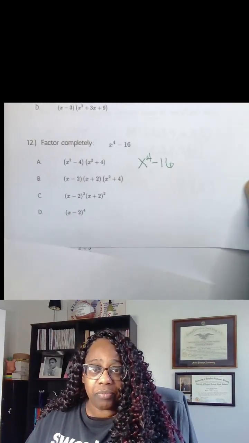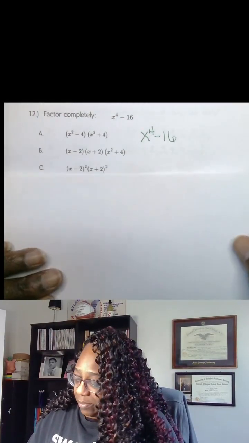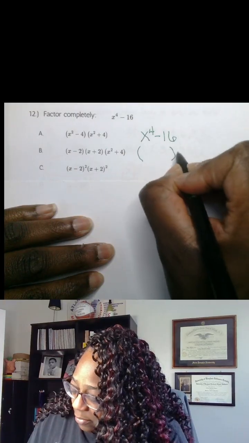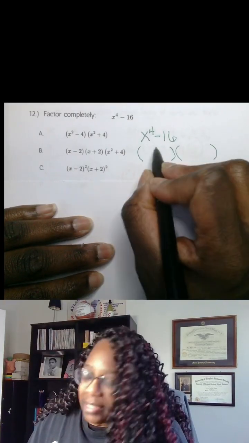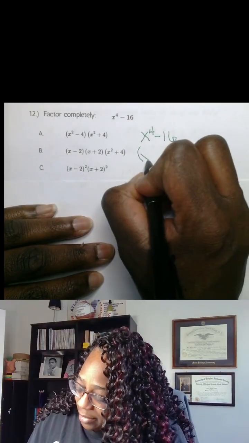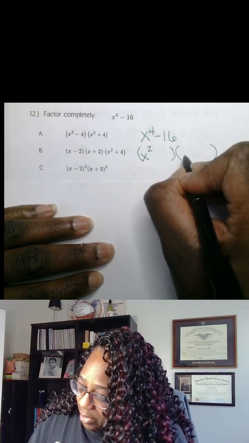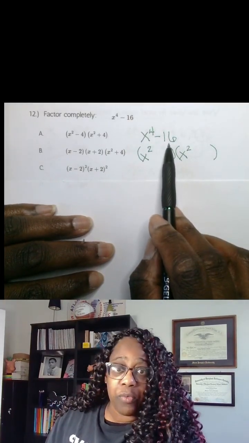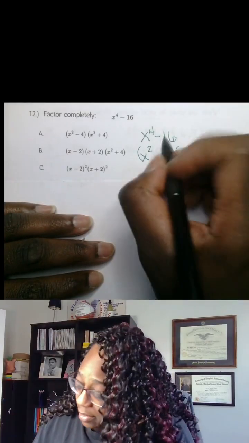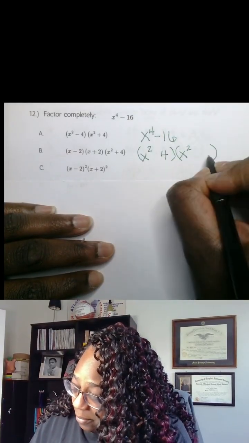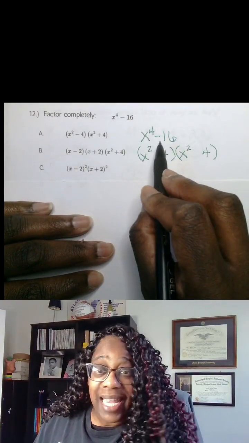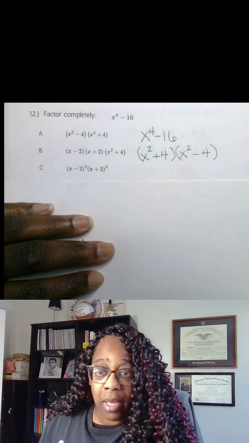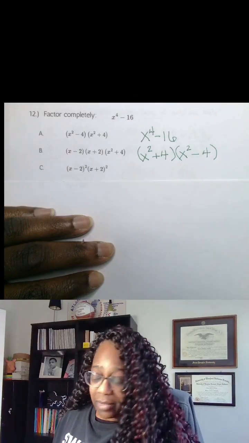So now, when it comes to this one, we can do very much the same thing. Instead of splitting just with an x, I'm going to split it with an x squared. The square root of 16 gives me a 4. But since it's a negative 16, one's going to be positive and one's going to be negative.